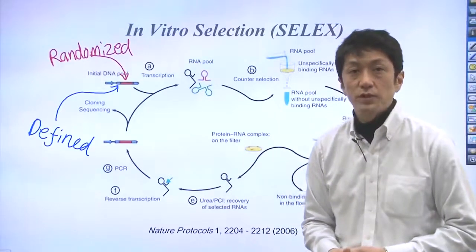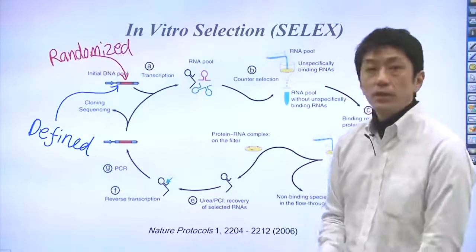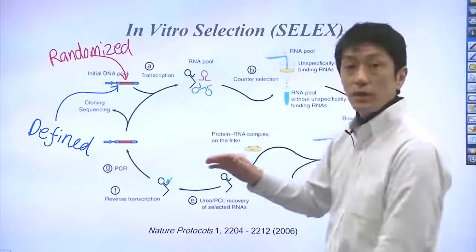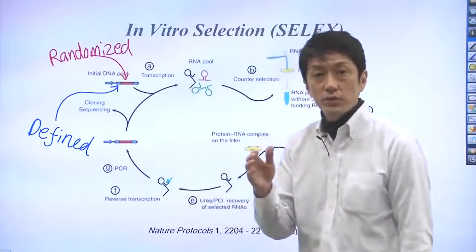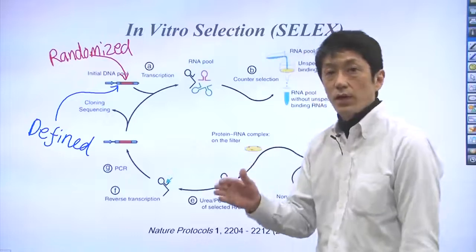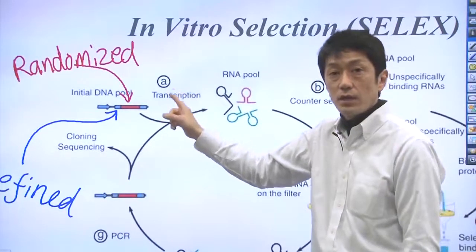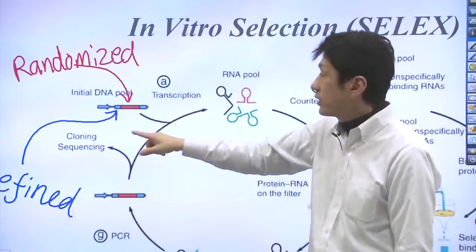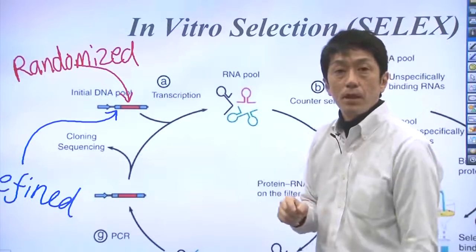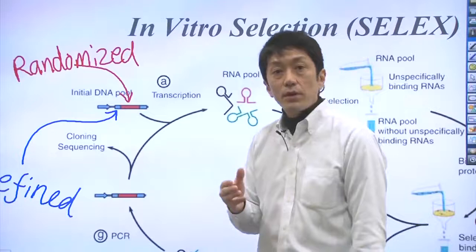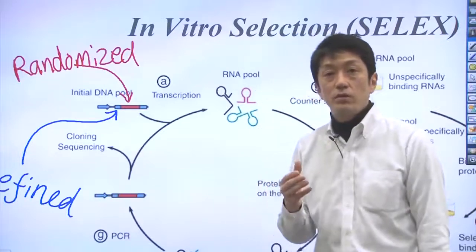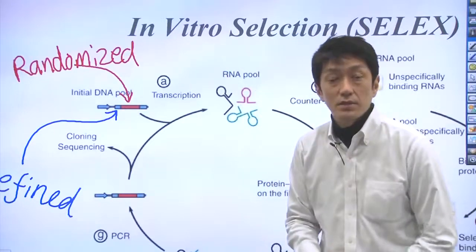Szostak's methodology. Firstly, a collection of DNA molecules with different sequences needs to be created. We call this collection a DNA library or DNA pool. The DNA library can be created using a DNA synthesizer.